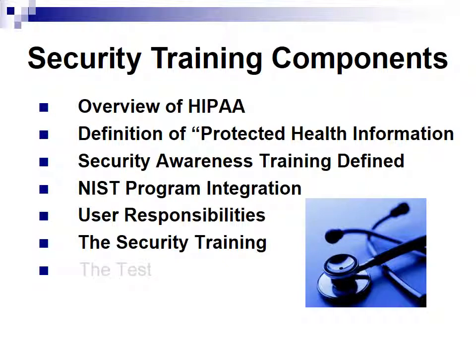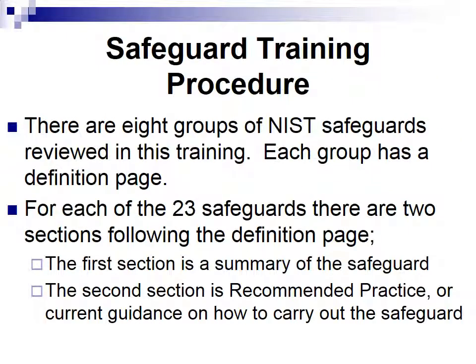Security training for associates includes review of each of the 23 safeguards. The 23 safeguards are divided into 8 groups or families. Each group has a group definition, followed by a summary of the safeguard and recommendations on how to carry out the safeguard.